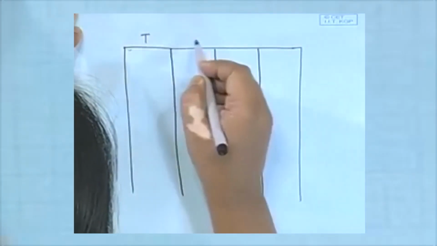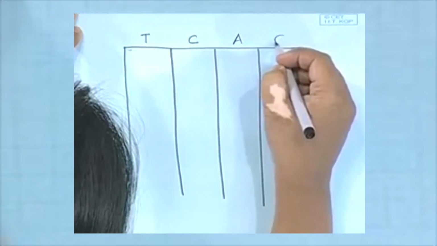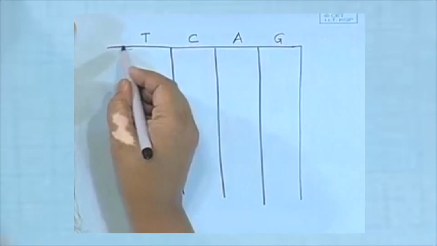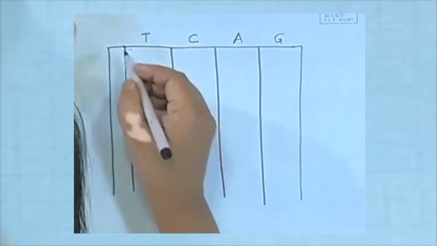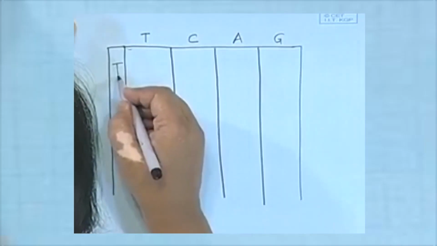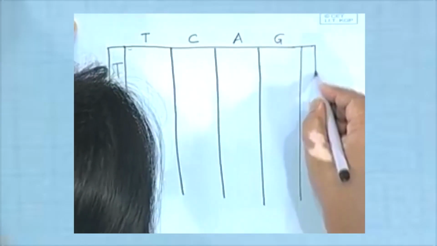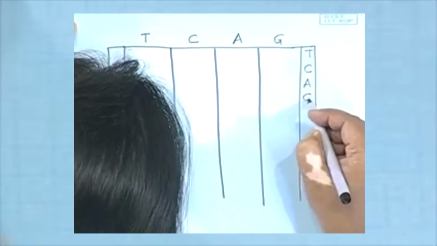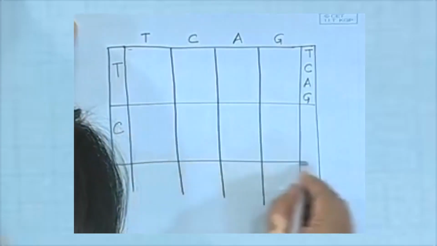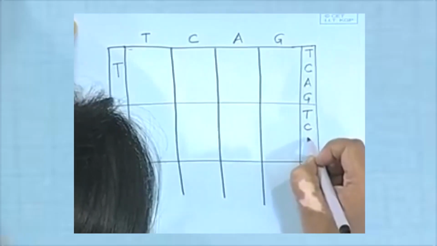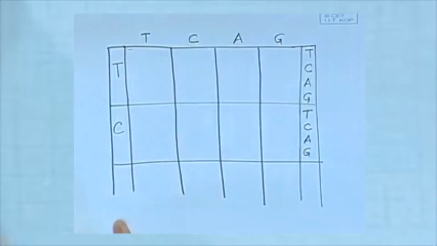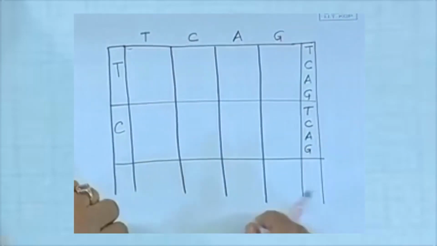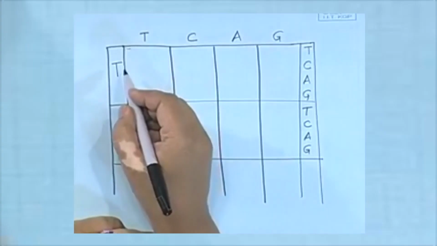We have T, C, A and G. Here we have T, again T, C, A, G. Here we have C, again T, C, A, G. This is something that was found by Har Gobind Khorana. Now, this is the first, the second and the third.